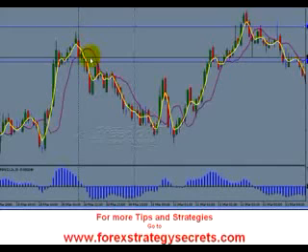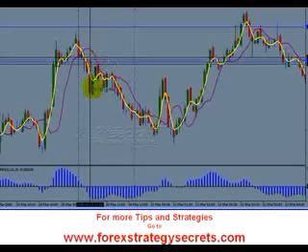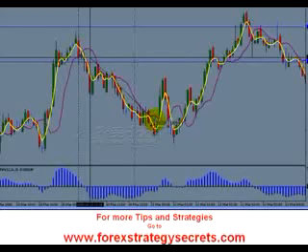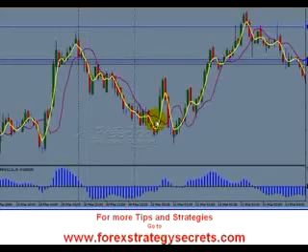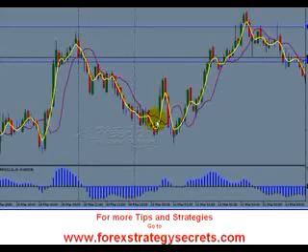So now we have a 13 pip stop loss, and it went down and came back up close to where we got in, but it still left us plenty of room to move, and we were able to make about 28 pips on that trade.